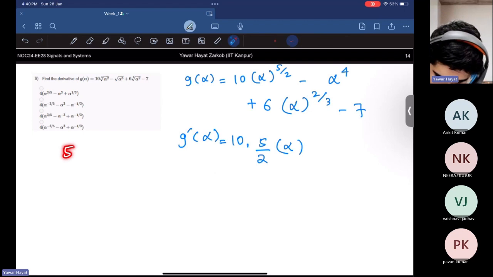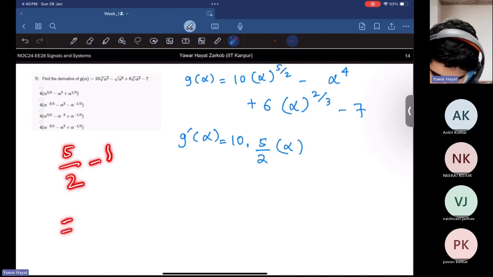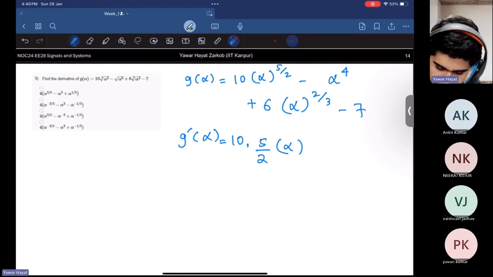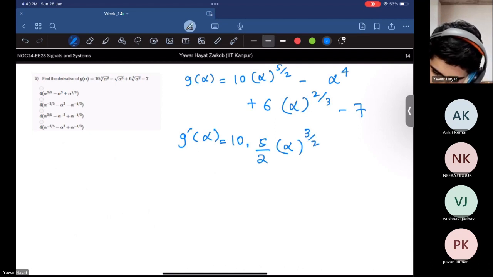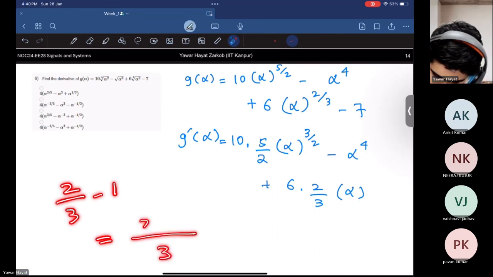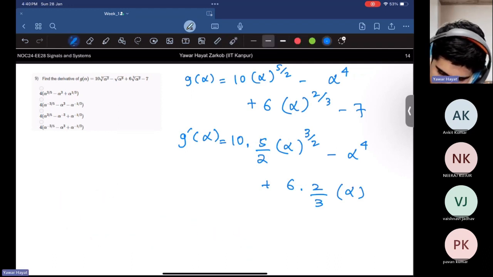This 5 by 2 minus 1 is 5 minus 2 by 2. That is nothing but 3 by 2, right? Minus alpha raised to the power 4 plus 6 times 2 by 3 alpha raised to the power, again 2 by 3 minus 1, it's minus 1 by 3.